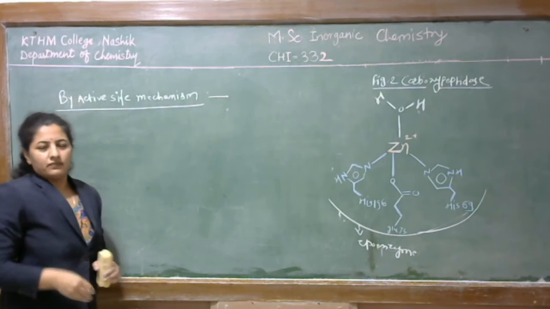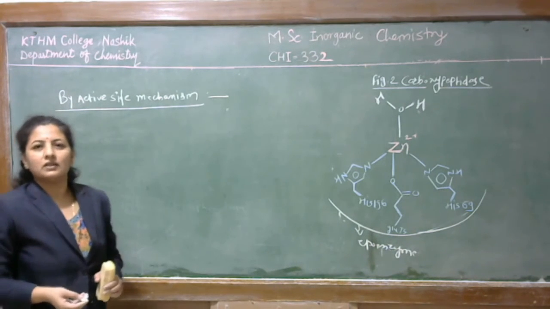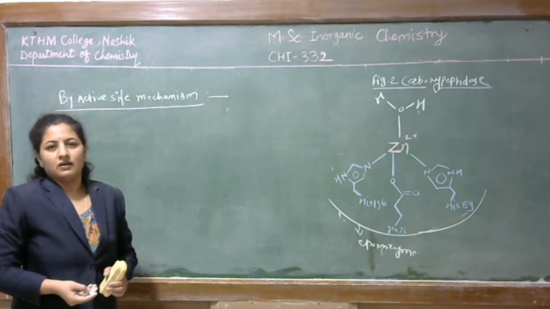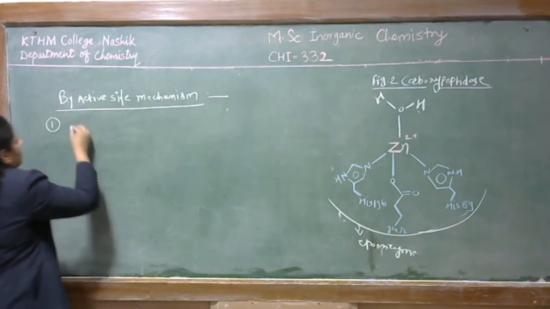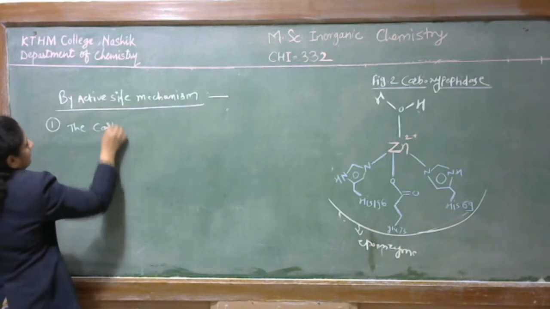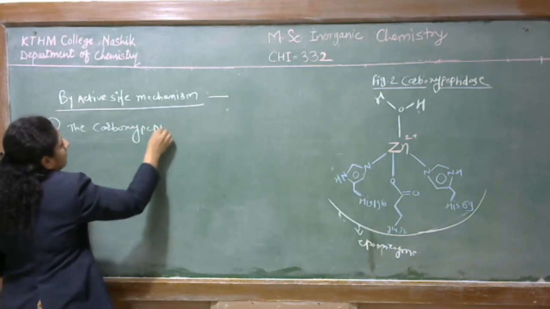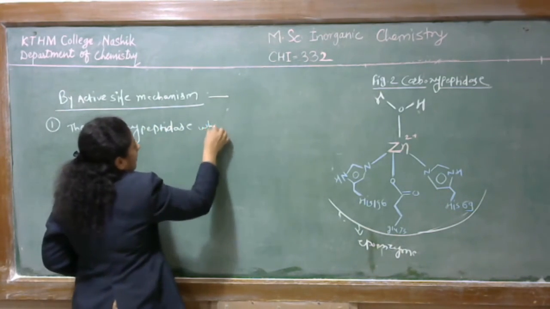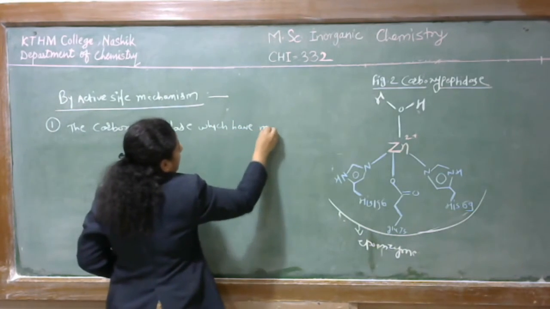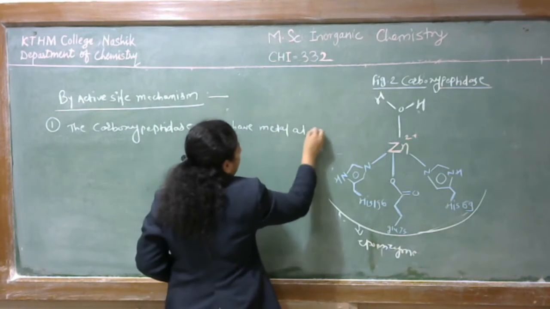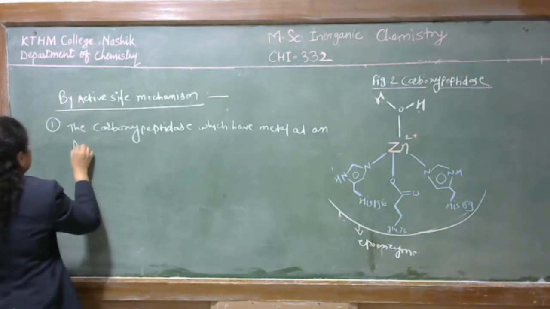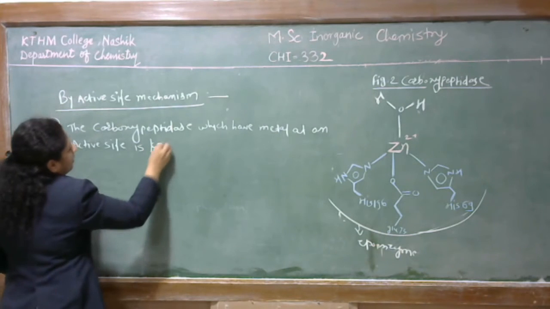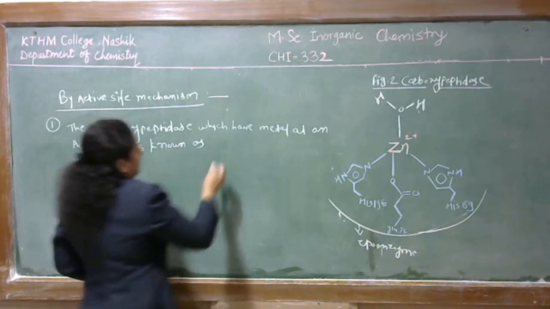By active site mechanism, a metalloenzyme or carboxypeptidase which has a metal at an active site is known as a metallocarboxypeptidase.